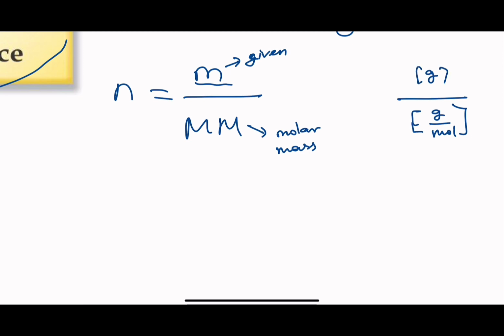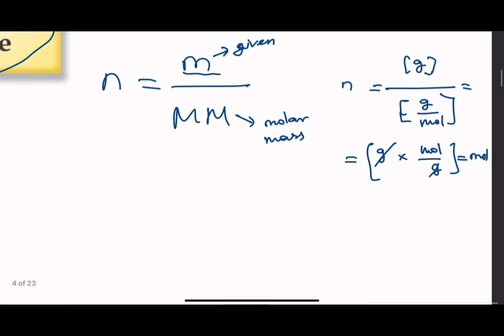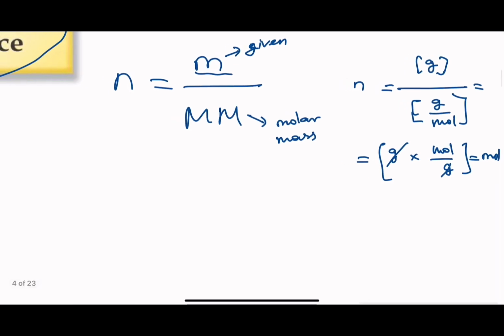If you do the math, gram divided by gram per mole, this is how the division looks like. Gram cancels gram, and you have a mole. So this is how we get it in terms of units.